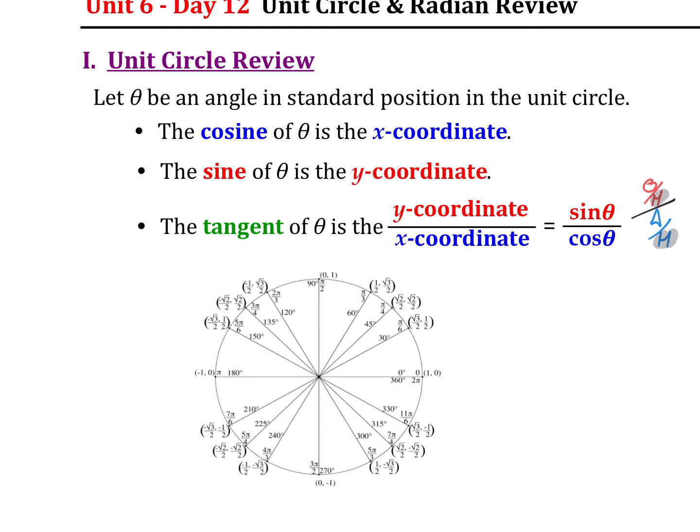So if I took the ratio of sine over cosine, opposite over adjacent, that would be the tangent. So the tangent of any angle is equivalent to the sine divided by the cosine. When we're talking specifically about the unit circle, it's going to be the y-coordinate divided by the x-coordinate. So the second divided by the first.